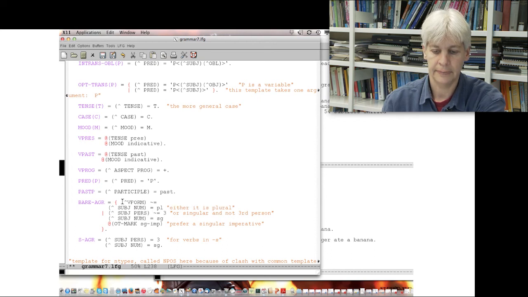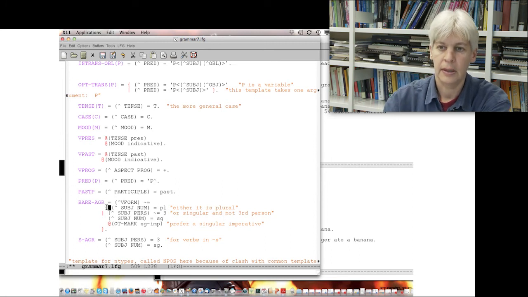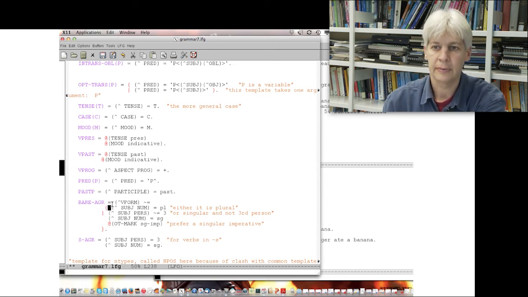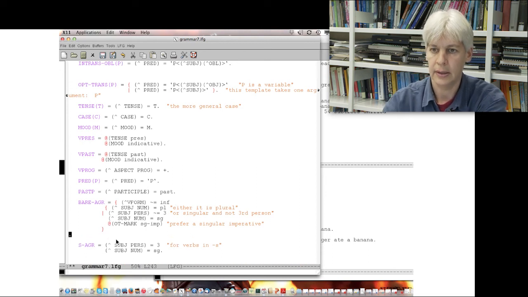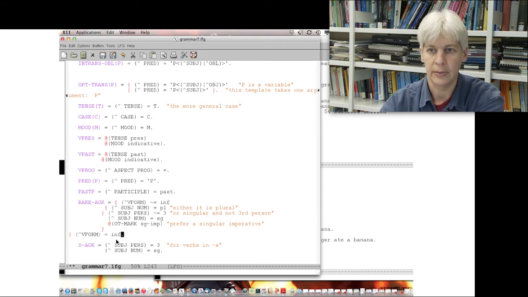Okay, so either we have a non-infinitive, then we can do all our agreement, or, another or, the V form is infinitive, and then we don't have any agreement.